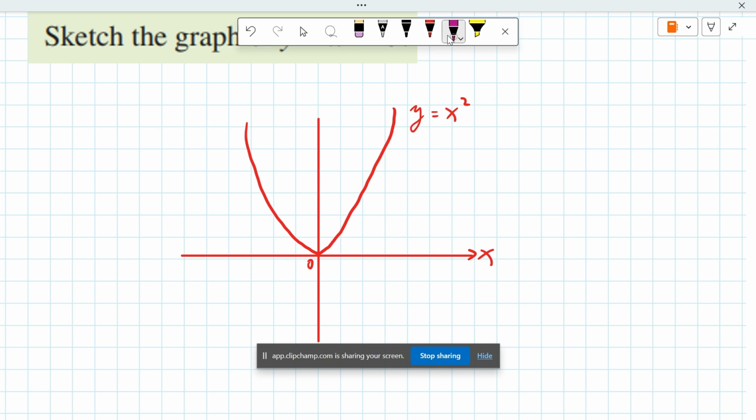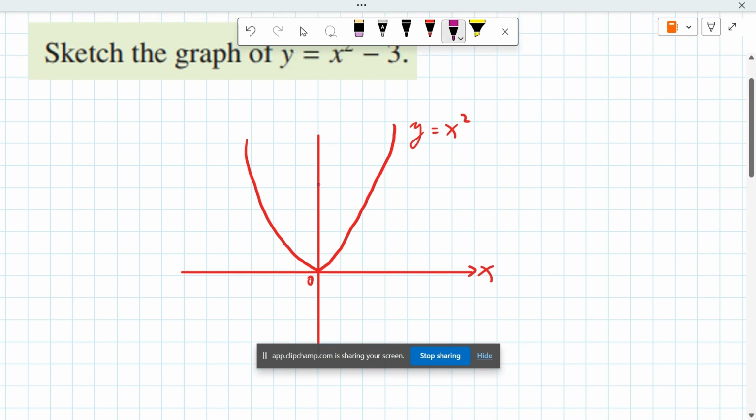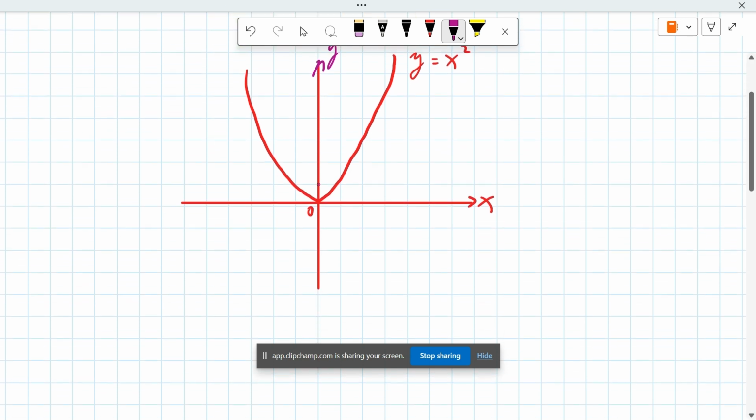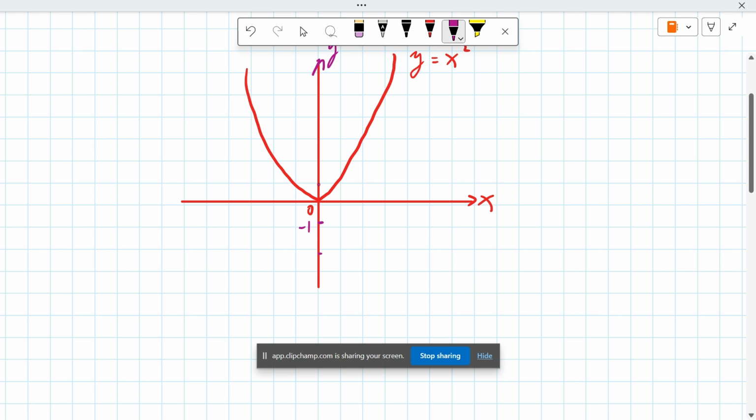If you want to graph y equal to x squared minus 3, remember the transformation, which is a translation by 3 units in the negative direction of the y-axis. So we're going down by 1, 2, and 3.